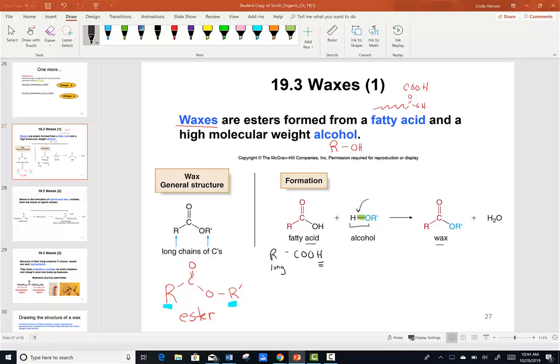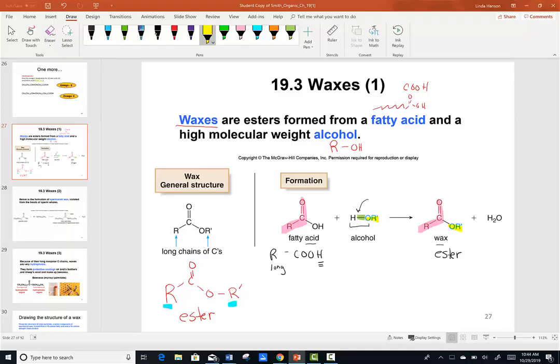Notice the wax is an ester. We need to remember that a wax is a class of an ester. The original fatty acid, which is the COOH, is retained in the final wax structure. And then the OR functional group from the original alcohol is attached onto that carbonyl carbon.